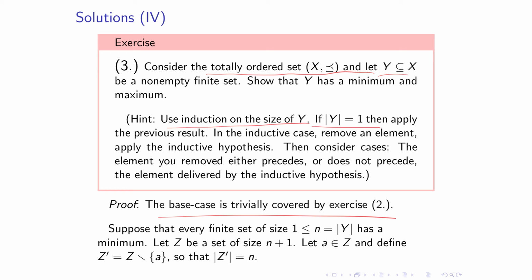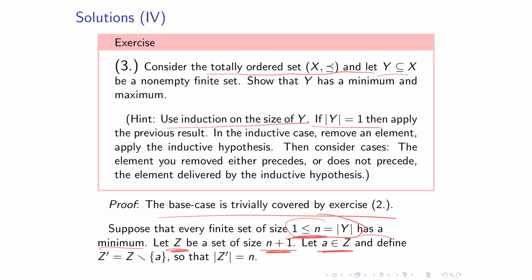Suppose, for induction, that n is some number such that if it is the size of a subset Y, then that subset Y has a minimum. Suppose that we now have a set Z, which has size n plus 1. Because n is at least 1, the size of Z is at least 2, but importantly, the most important point for what I'm about to do is that it's not 0, it has an element.